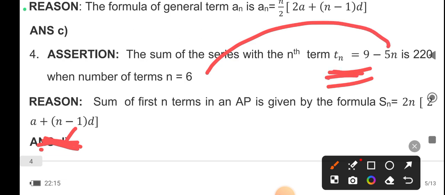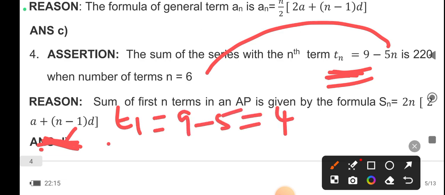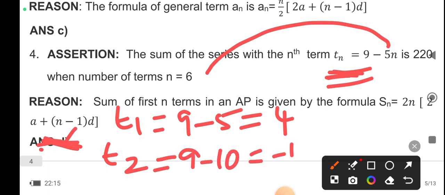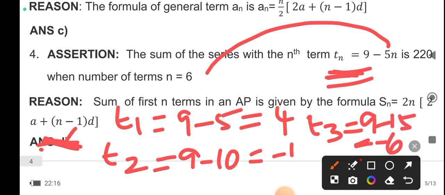Since Tn or An is 9 minus 5n, first find T1: 9 minus 5, which is 4. T2: 9 minus 5 twos are 10, which is minus 1. T3: 9 minus 15, which is minus 6. So A1 is 4, A2 is minus 1.